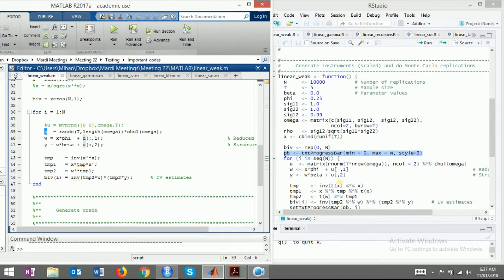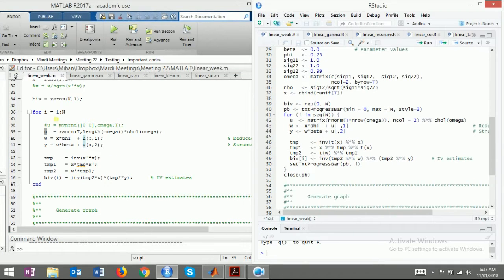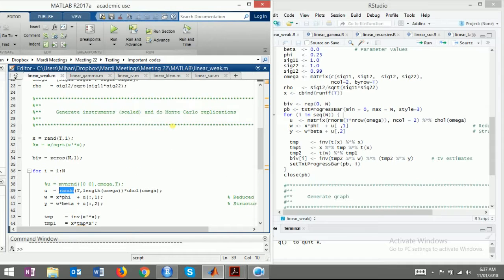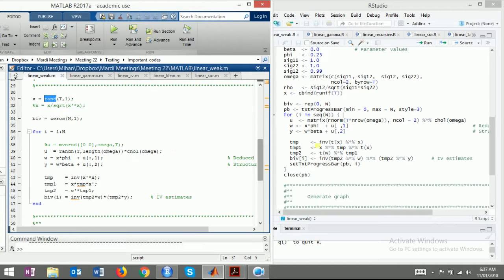For i in the sequence 1 to n, U is equal to matrix, then rnorm. Sorry, rnorm is the random number generator; rnd-n in MATLAB is rnorm here, and the simple rnd is runif. So rnorm is T multiplied by the number of rows of omega.